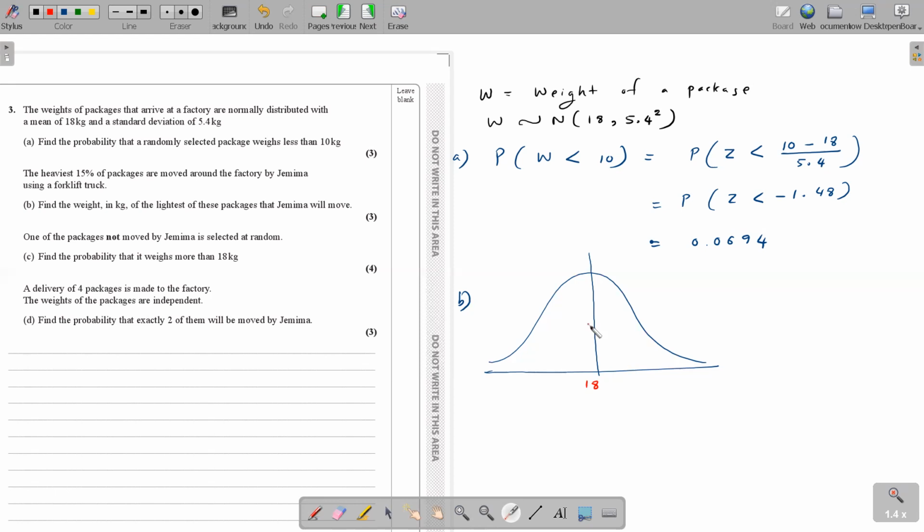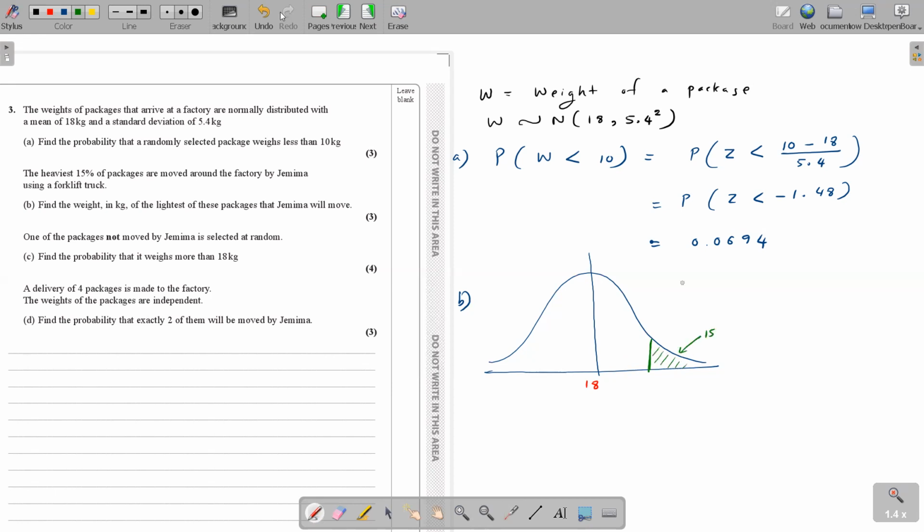Now they are talking about the heaviest packages. Where do you think the heaviest packages are? Is it at the left corner or the right corner? The right one, because you can see the axis values are getting bigger to the right. So 50% of area here, 50% of area there. The heaviest 15% is at this other tail end, where the area is 15%.